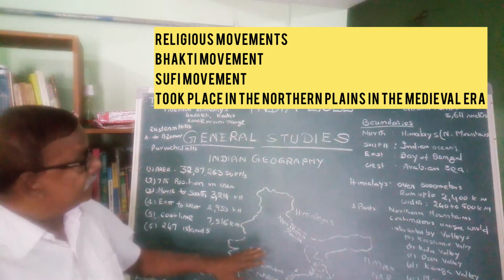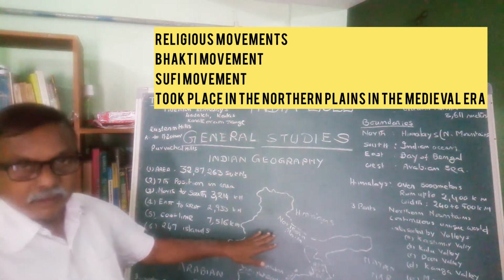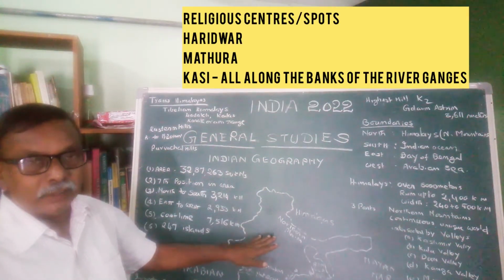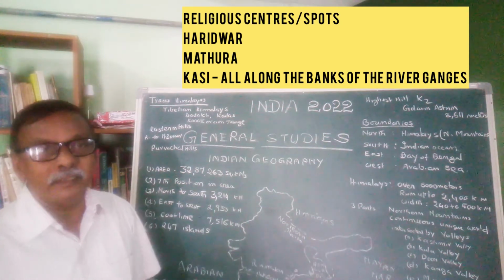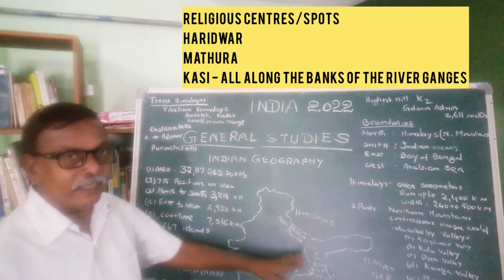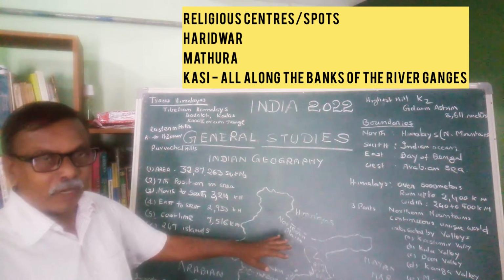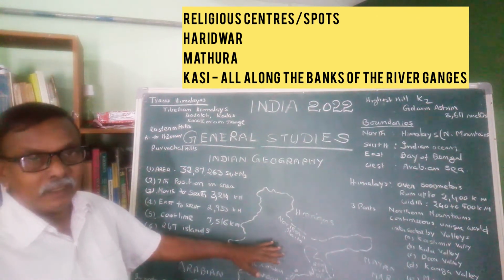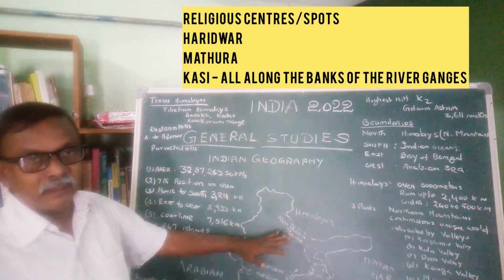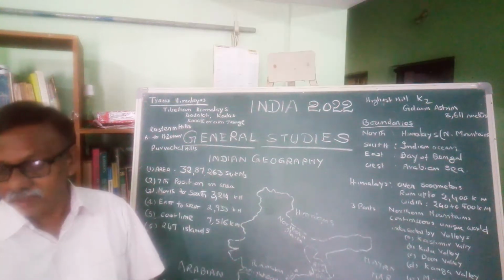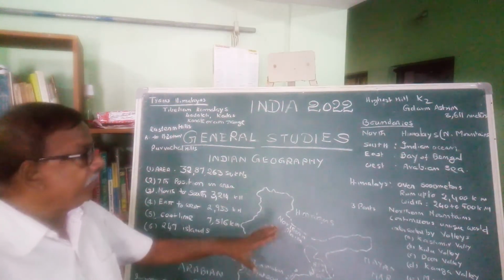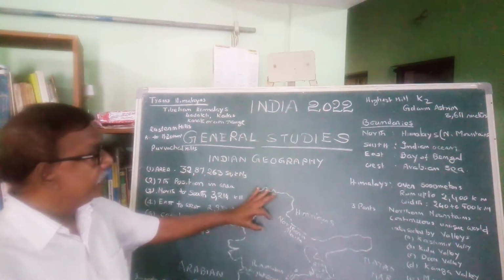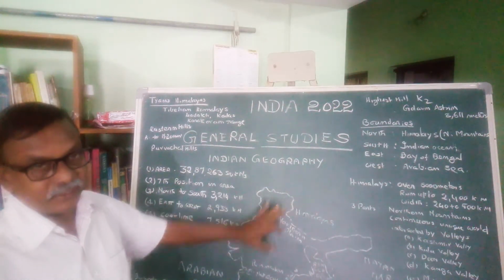And very religious spots are also situated here because the river Ganga is flowing: Haridwar, Mathura, Kashi, etc. And these are the important things in the northern plains.